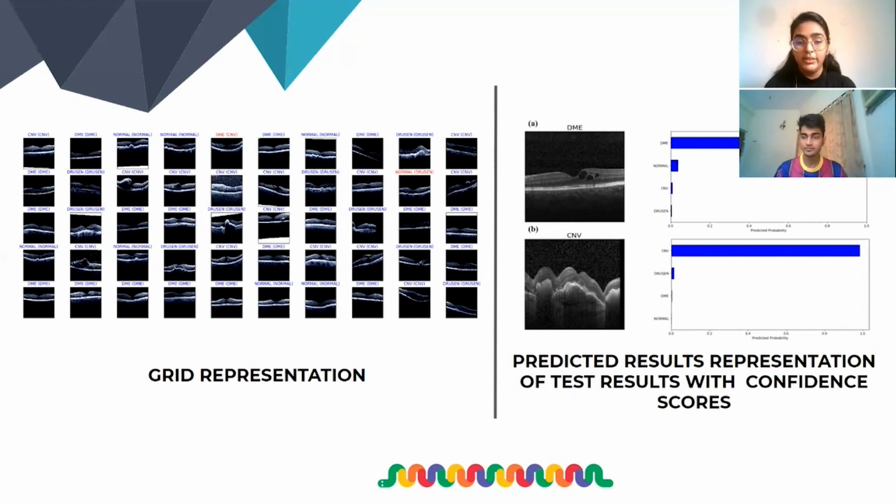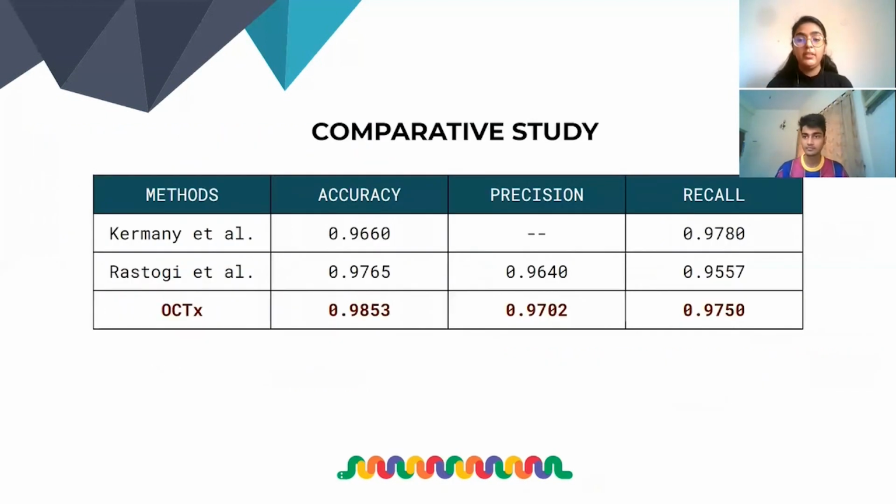Now moving forward, for the test case one, the OCT study that we performed, we have made a comparative analysis of what we've done and how our model is better than all the benchmark studies that have been done in the same domain. Now talking about the first study, the Karmani et al. study, this is a benchmark study in this entire domain.